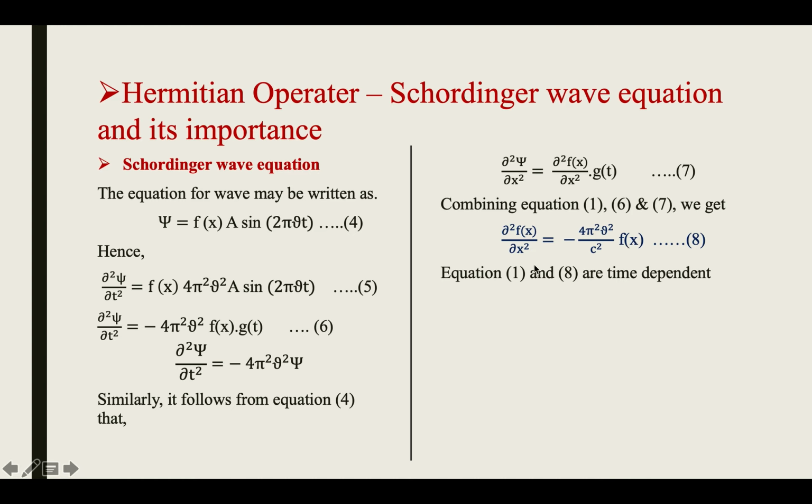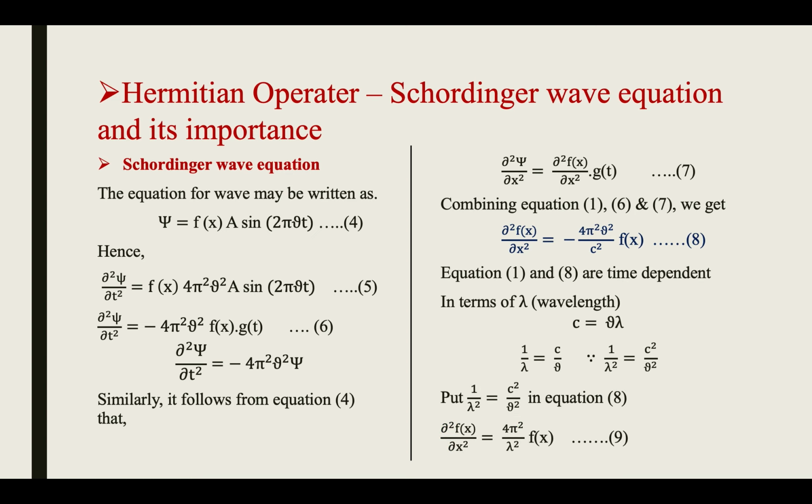So equations 1 and 8 are the time dependent ones. So in terms of λ, that is wavelength, c equals νλ. So if you rewrite this in terms of 1 by λ, you will get c by ν.